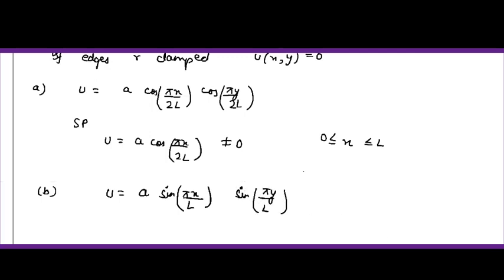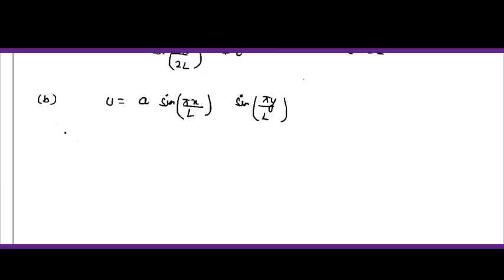Now, if we check for SP, we know that y would be equal to 0. If you put y as 0, this term would be sin 0, and sin 0 is 0. So we can say that u would be equal to 0.